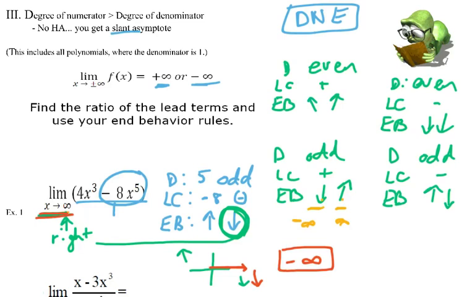So going back to what we did on Monday, your answer here would have been does not exist because it's going either up to infinity or down to negative infinity. We are now going a step beyond, so your answer is no longer does not exist. We are now being more specific with our answer, and that answer is negative infinity. That's where I'm heading. I'm going down to negative infinity.